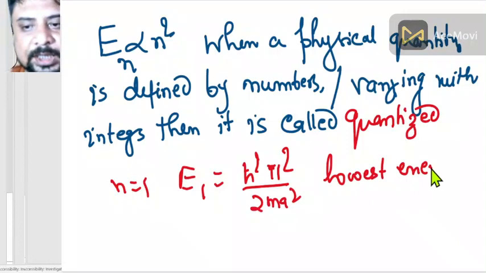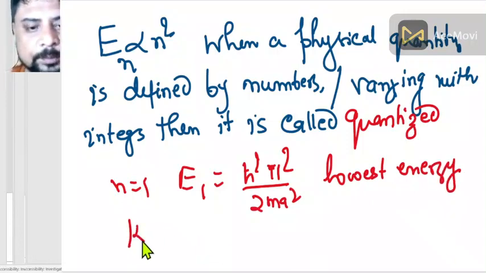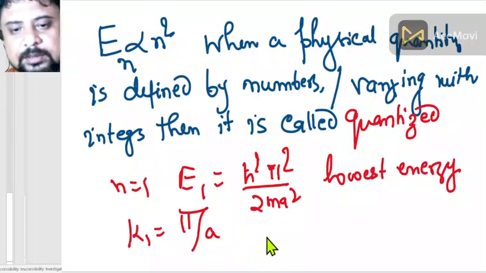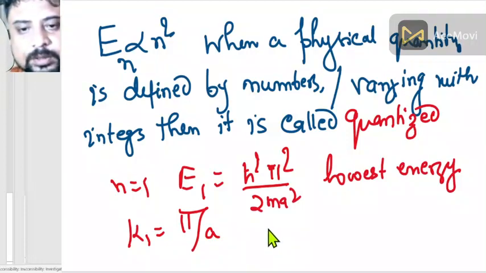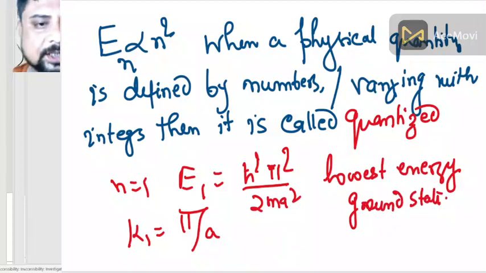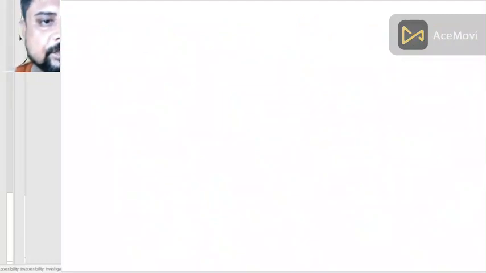For n equal to 1, you have E1 equal to h bar square pi square by 2 m a square. This is the lowest energy. N equal to 1 means k1 is pi by a.